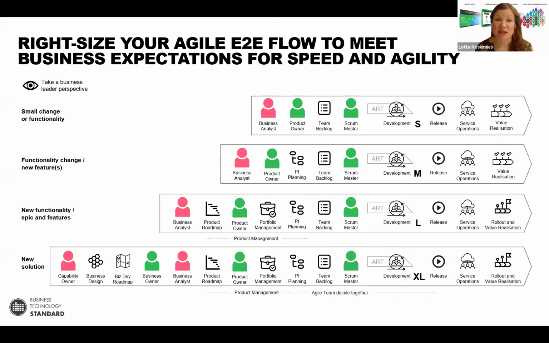Some practices based on the business technology standard for ensuring this are, for example, continuous collaboration and maintaining an architectural backlog, regularly refining and prioritizing the architectural backlog, and then, for example, ensuring sufficient feedback loops. But the list is quite extensive. It provides 10 different steps for ensuring architecture is updated in the Agile flows.